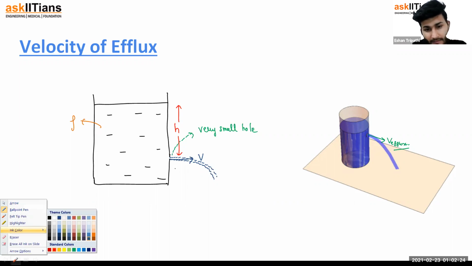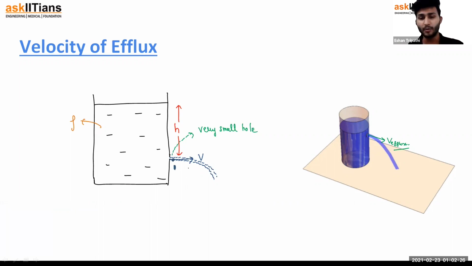Basically this liquid, this point. Point 1 is present outside, because we are asking what is the speed of the liquid when it comes out of the container. Some people might be thinking, oh, we can take this point also. It is at the same height, but that liquid is not moving. That is inside the container. The liquid starts moving when it comes out. So the question is, what is the speed at point 1? And that is why we're taking it outside.